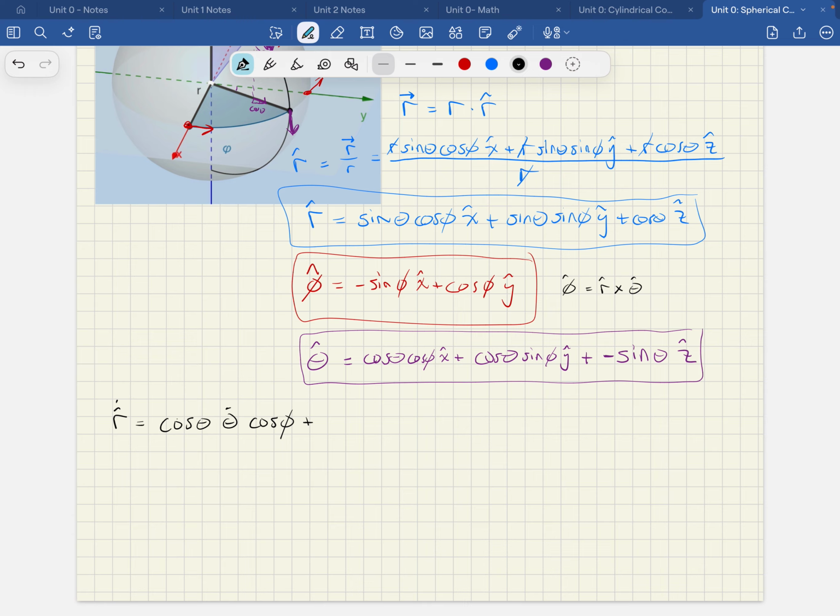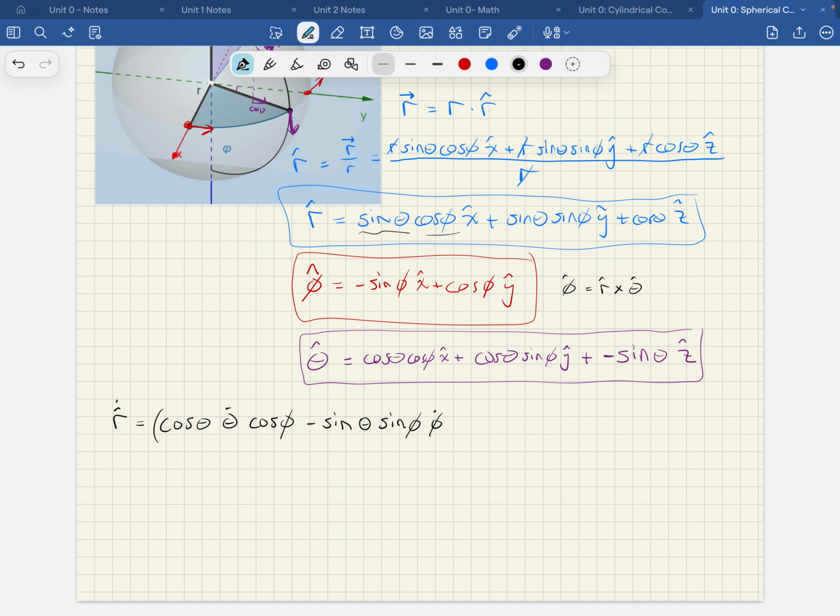plus sine theta, minus sine phi dot. So first I took the derivative of the sine term, and I got cosine theta dot, multiplied it by cos phi.